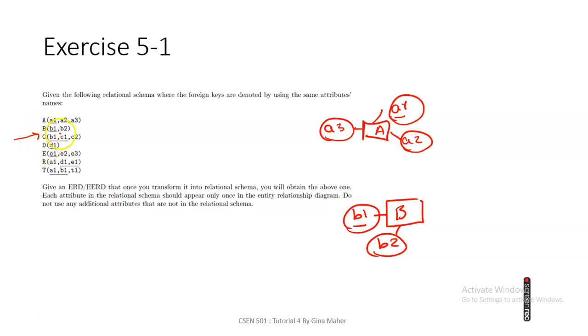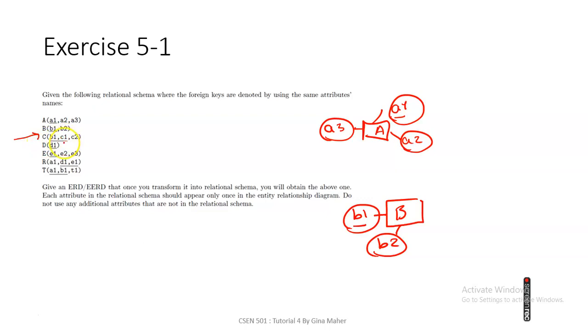Okay? Since C has another attribute which is C2, and C1 is a new attribute that is not found before, so it is not repeated, so it is not a foreign key, which means that C is an entity that has C1.